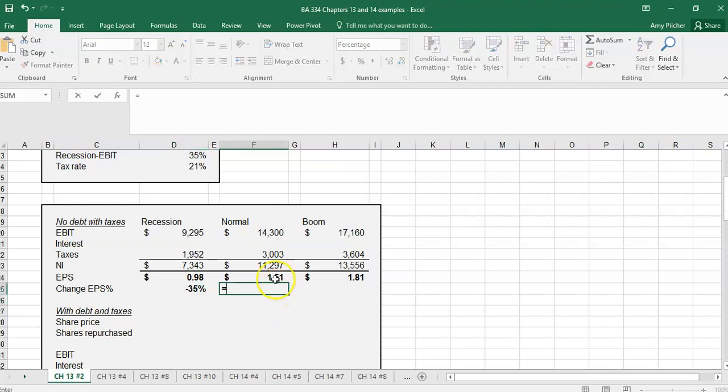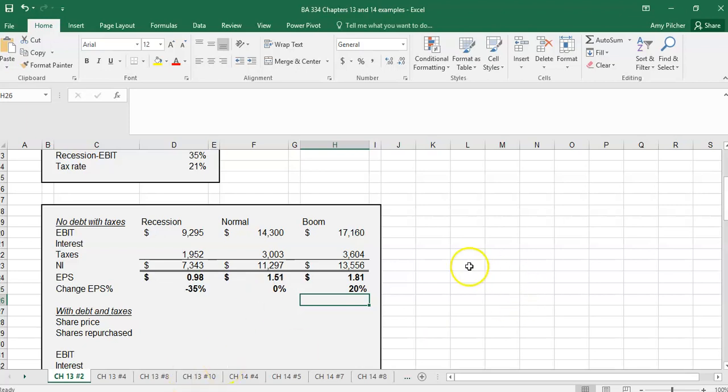In the normal, it's just normal minus normal divided by normal. And in a boom, it's the EPS from the boom scenario minus the normal scenario divided by the normal scenario. As you can see, because we don't have any interest expense, our change in earnings per share is exactly the same as our change in the earnings before interest and taxes.